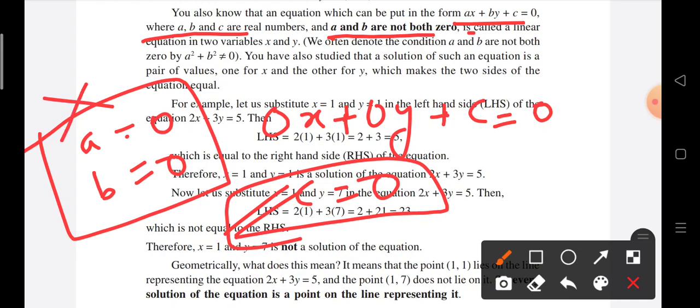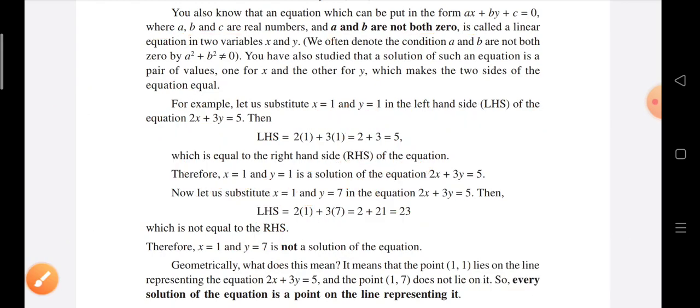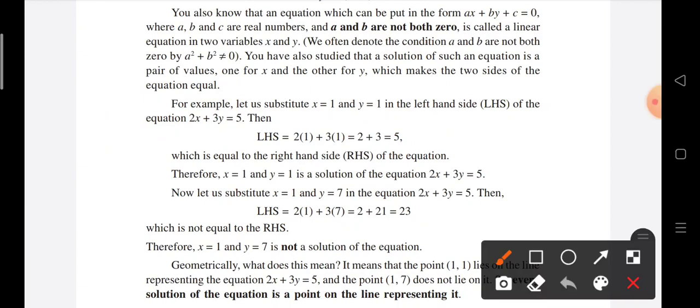This condition, that a and b are not both 0, is called a linear equation in two variables, and it is represented by a square plus b square is not equal to 0.